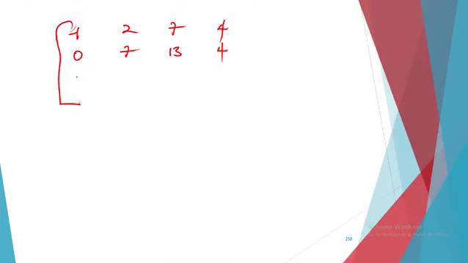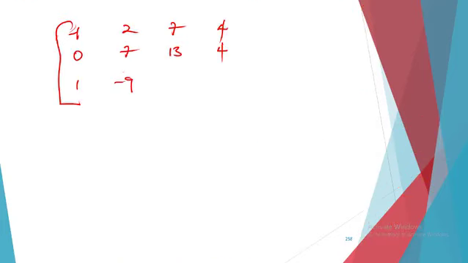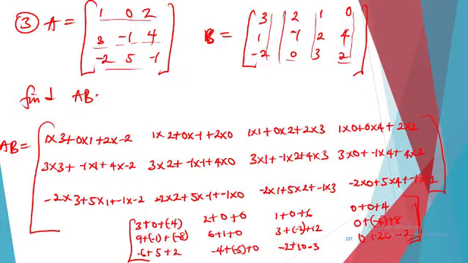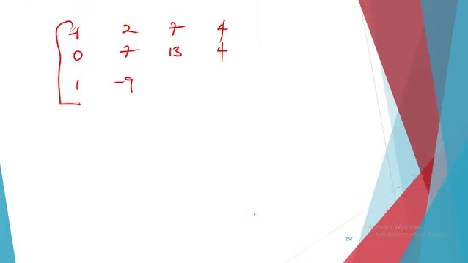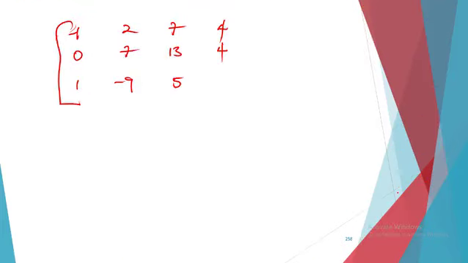We have 1. Minus 4 minus 5 is minus 9. Minus 2 plus 10 is 8. 8 minus 3 is 5. Okay, and then we have 0 plus 20 minus 2. That is what? 18.